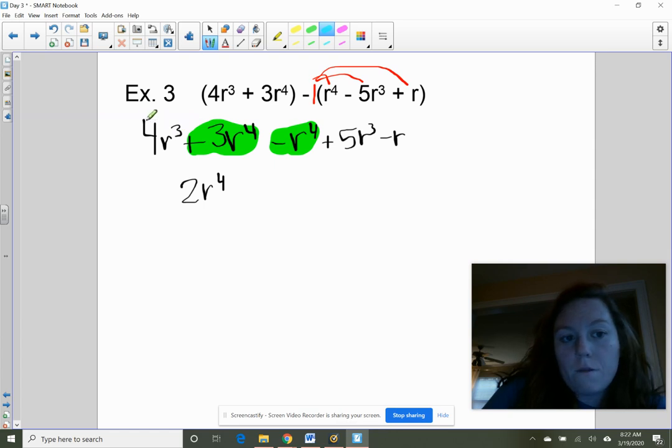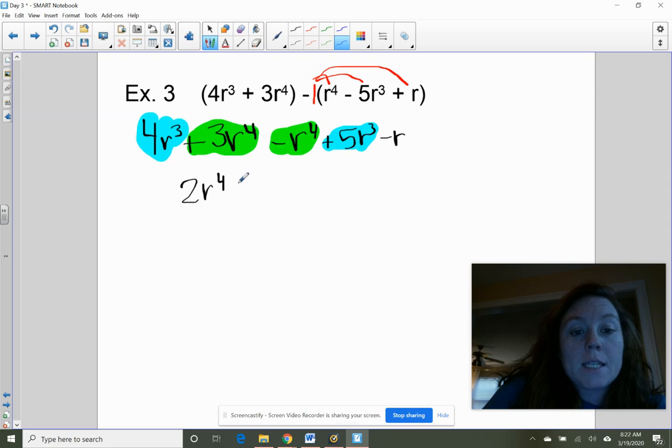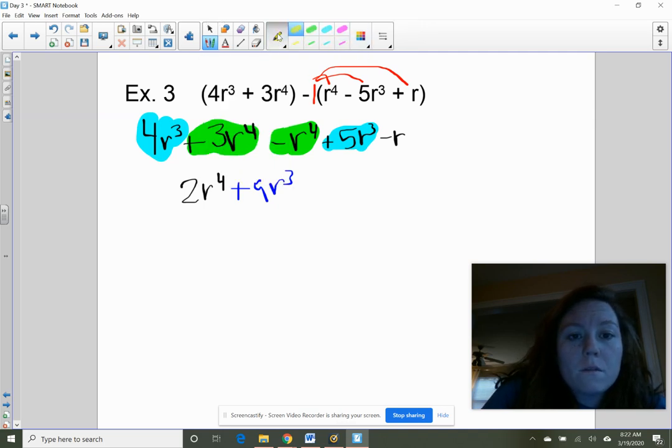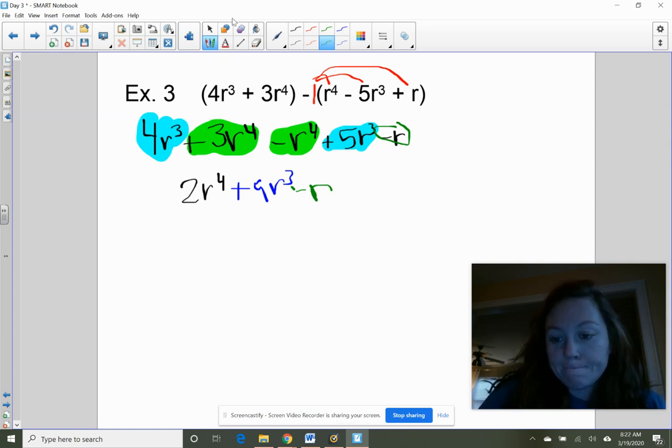So I have 4r to the 3rd plus 5r to the 3rd. So that makes 9r to the 3rd. And now, similar to the last problem, this negative r has nothing to combine with, so just bring it down. Negative r. And that's my final answer.